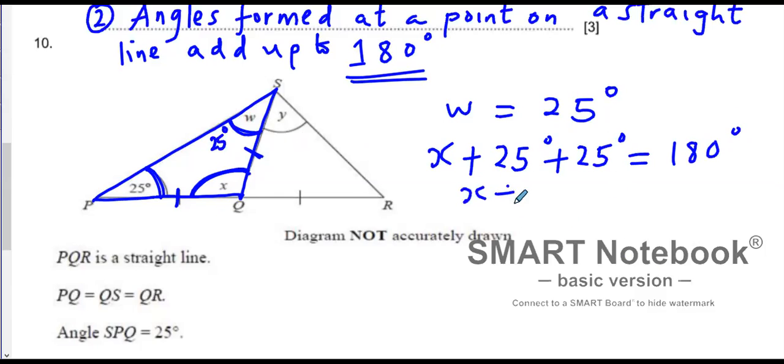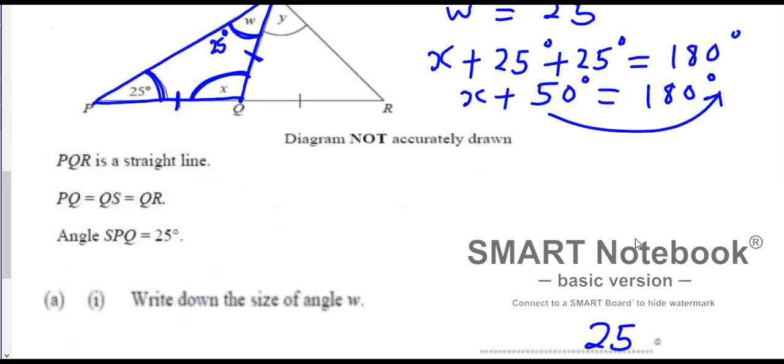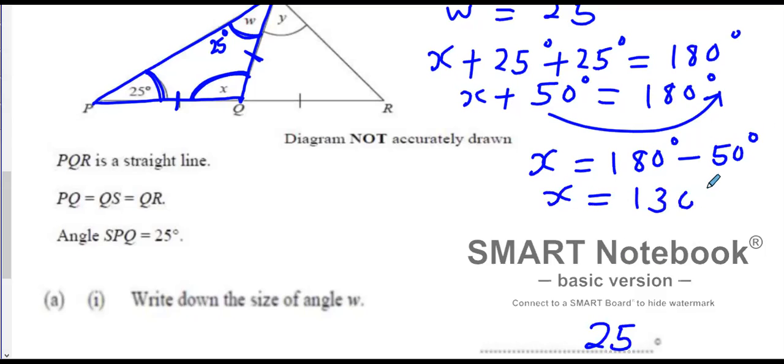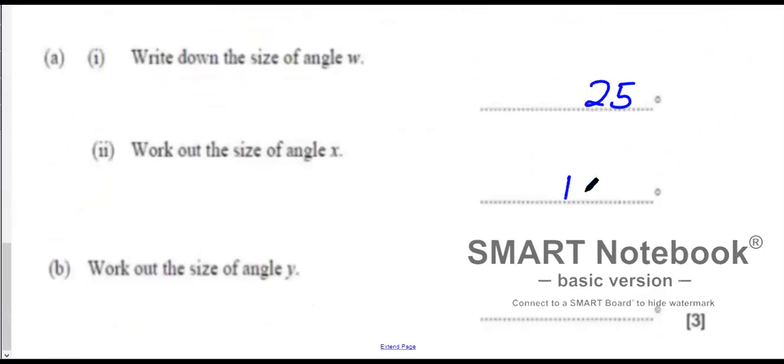So 25 plus 25 makes 50, equals 180 degrees. But 50 will be subtracted from 180 degrees. This will give you X equals 180 degrees minus 50, and X will be equal to 130 degrees. So X will be 130 degrees.